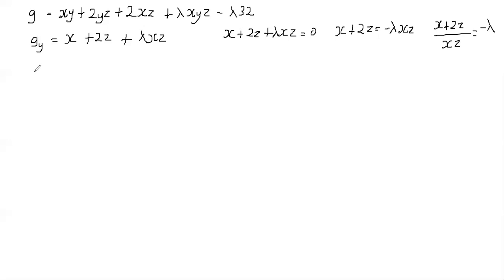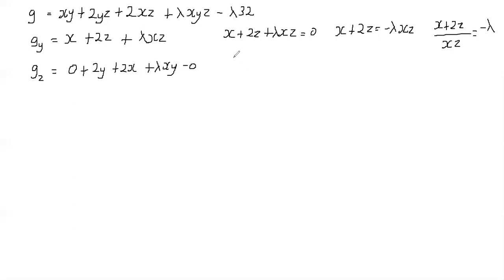So similarly we have to partially differentiate with respect to z. If we do with respect to this z, this will be 0, this will be 2y, this will be 2x, and this will be lambda xy, and this will be 0.